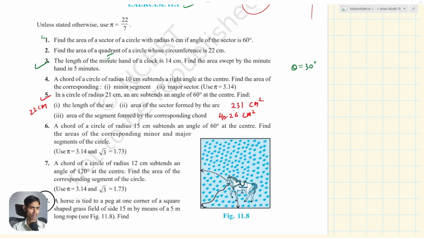Little different. Let me confirm. It is 0.26.